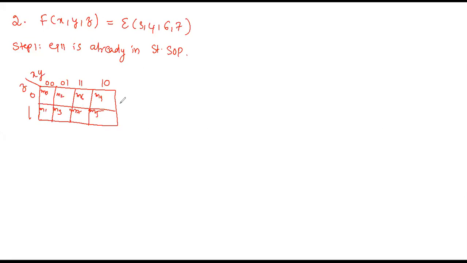Now, wherever the minterms are present, minterm 3, 4, 6, 7, keep 1 in the respective boxes.